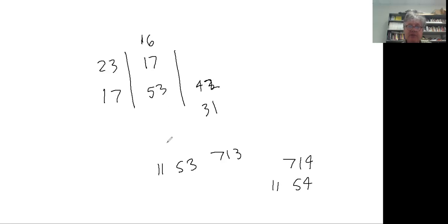So 54 plus 53 is 107. So we're going to write in 47 here. And we're going to add the 11 plus the 1 that was over there, which is 12. So we add the 12 to the 17, and we're going to get 29.